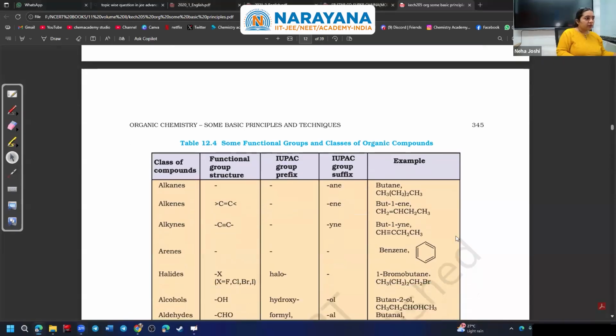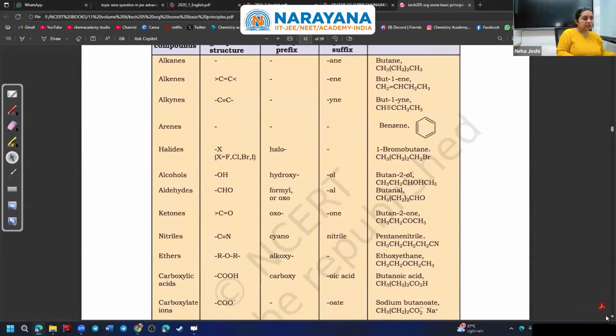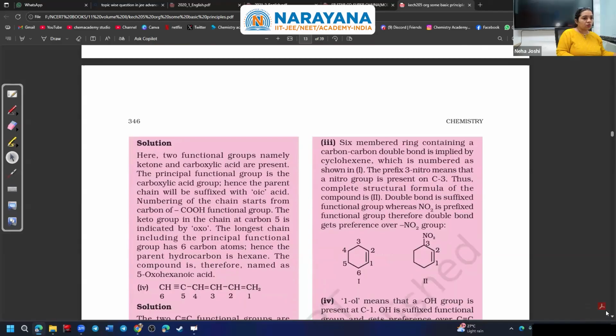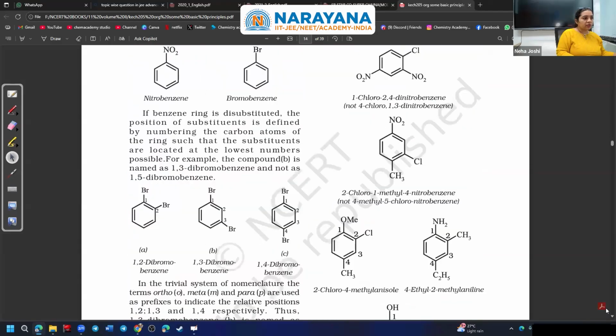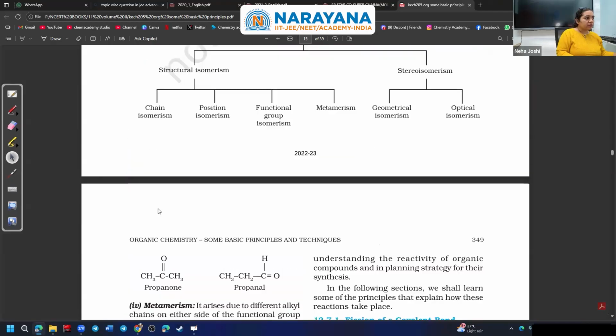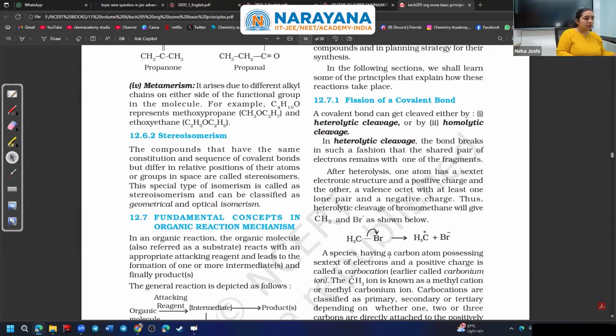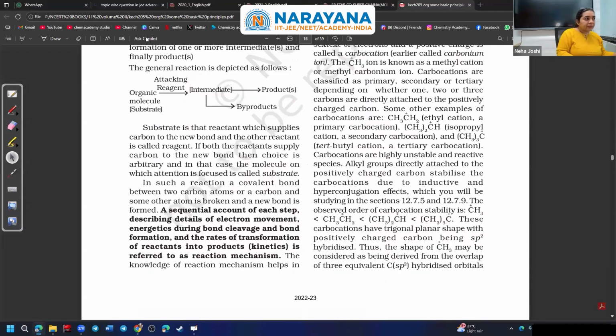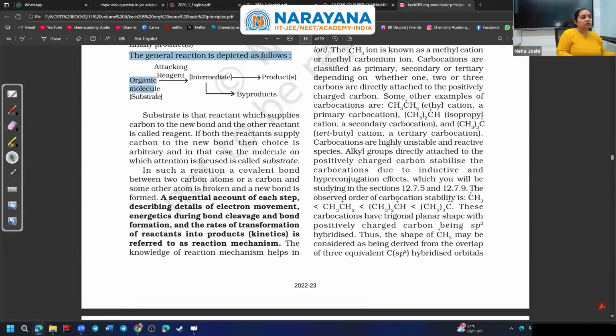In this chapter, Organic Chemistry: Some Basic Principles and Techniques, go a little further, to the fundamental concepts. You have to read the entire chapter, certainly, very meticulously, noting reagent, intermediate, product.